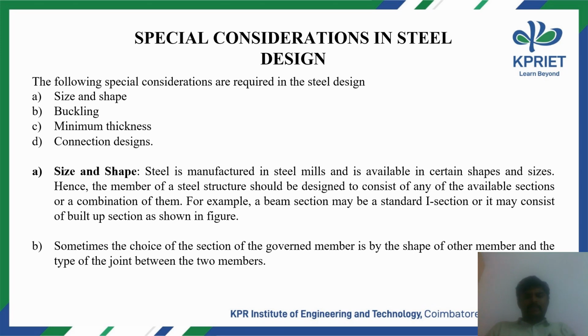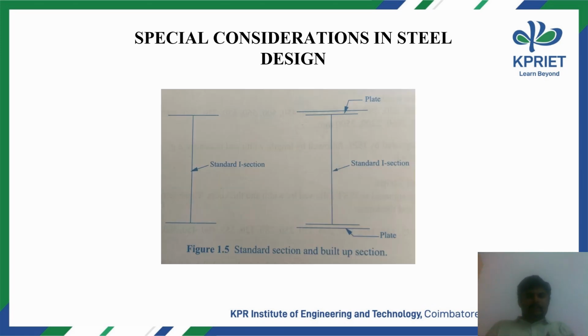Steel is manufactured in steel mills and is available in certain shapes and sizes. Hence, steel structures should be designed to consist of any of the available sections. And sometimes the choice of the section of a member is governed by the shape of other members. And then special consideration in steel.